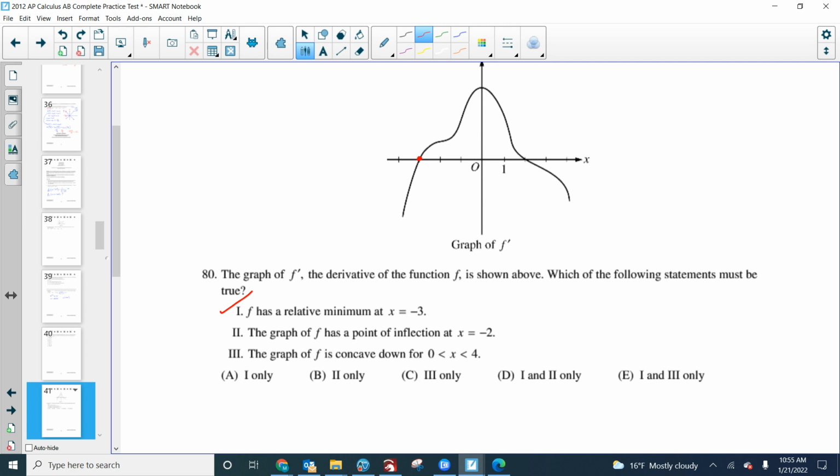Positive. I can't tell if it's 0 there or not, but it doesn't really matter. Still positive. Then f prime's slopes change from positive to 0 to negative. What's happening there? What did f double prime do? Changed.